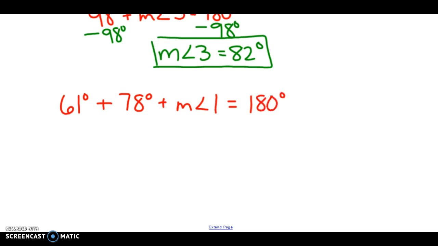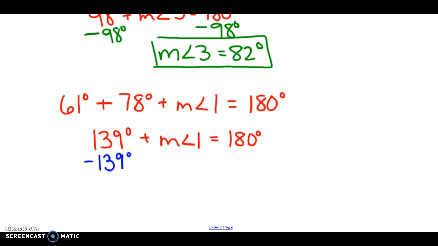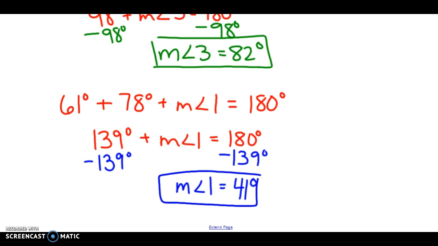I combine my angles. 61 and 78 is going to be 139 degrees, plus the measure of angle 1 is going to be 180 degrees. Again, just like an algebra problem, I subtract 139 degrees from both sides, and I find the measure of angle 1 to be 41 degrees. Those are all three of their measures.